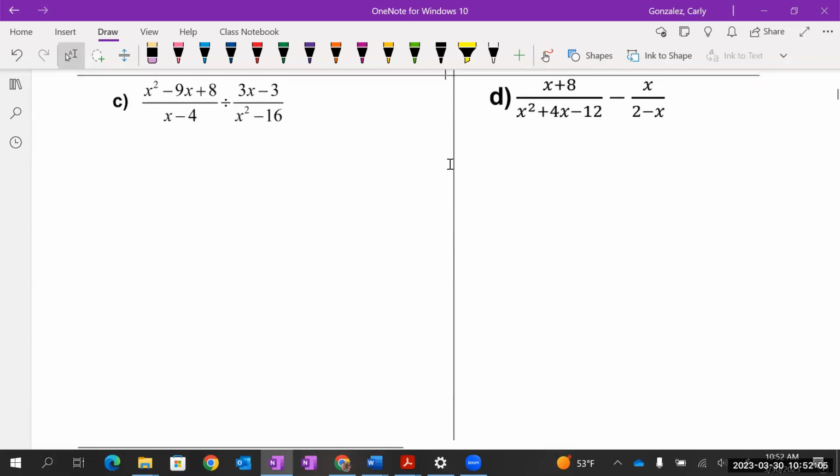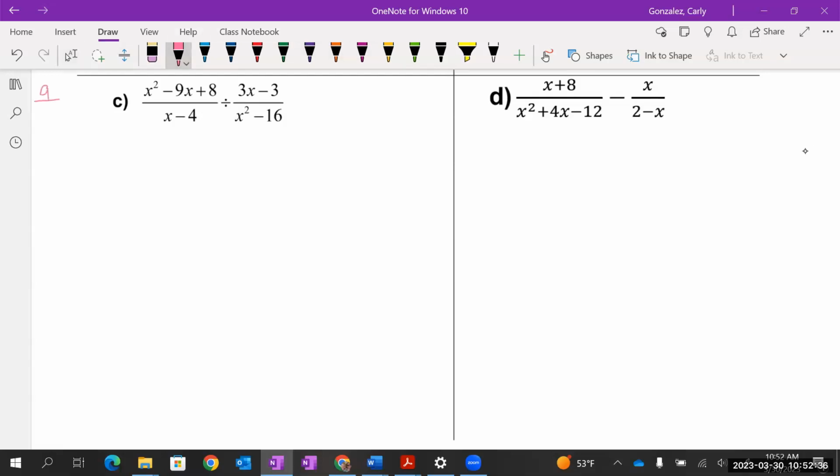So for part C, we have x squared minus 9x plus 8 in the numerator and x minus 4 in the denominator. And then we're dividing it by the expression 3x minus 3, all divided by the expression x squared minus 16. So the first thing, there's kind of two steps to remember.